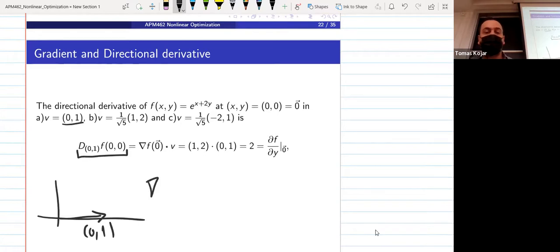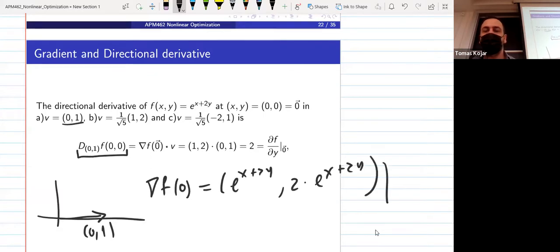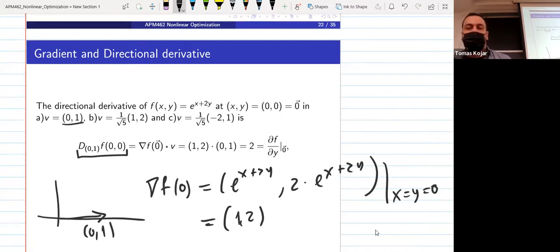So let's first find the gradient at 0. We talked about this: it was e^(x+2y), 2 times e^(x+2y). You plug in (0, 0), and you get the vector (1, 2). Then you dot (1, 2) with (0, 1), and that gives you 2.